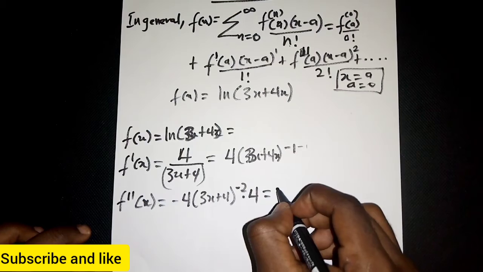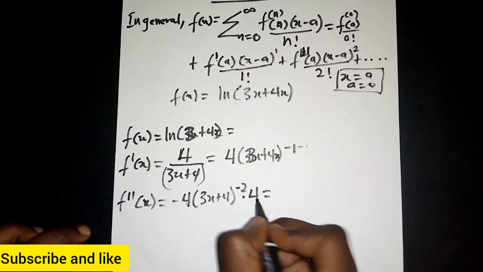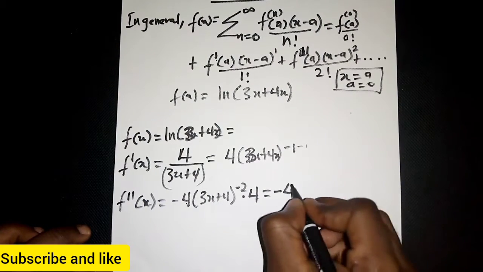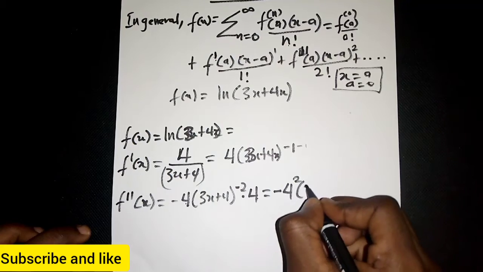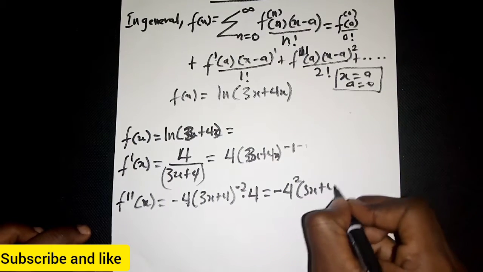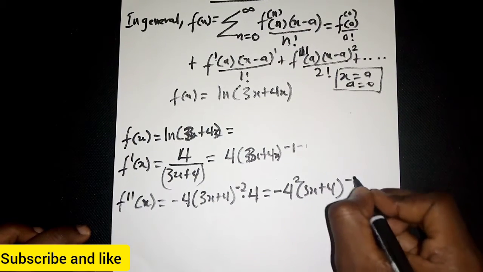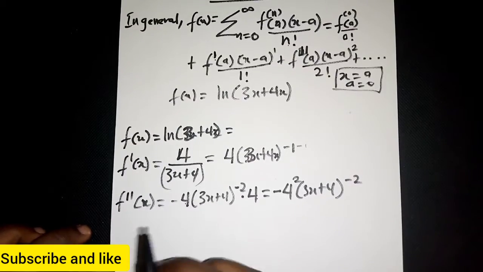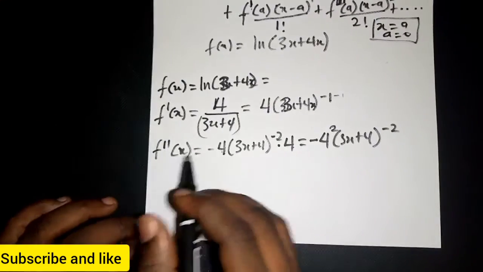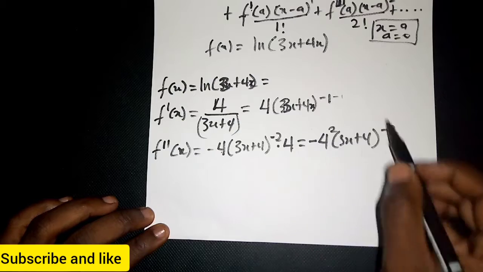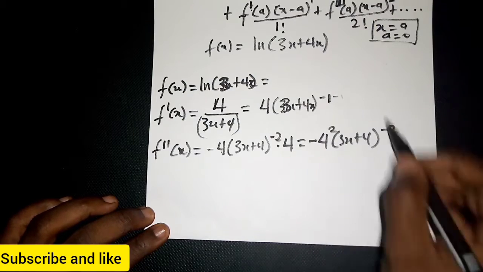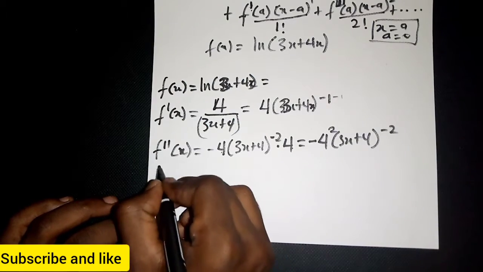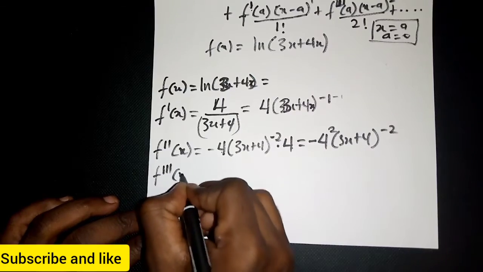So this will look like negative 4 squared, then 3x plus 4 to the power negative 2. I want to leave it in this form, because we are going to write the general Taylor series in this form.